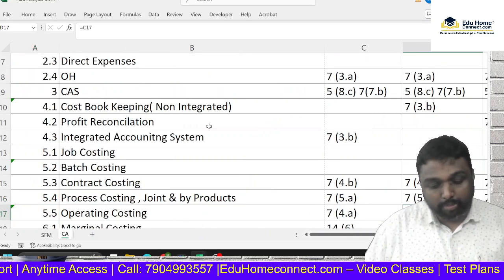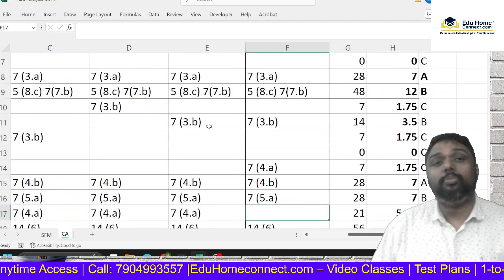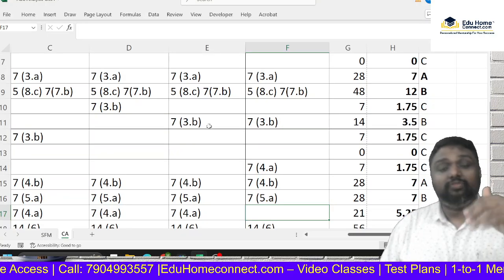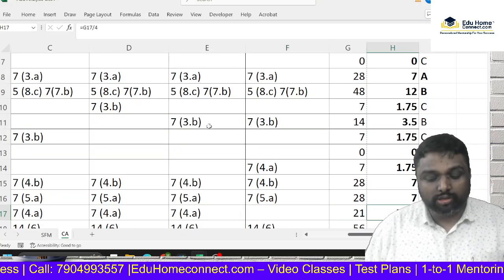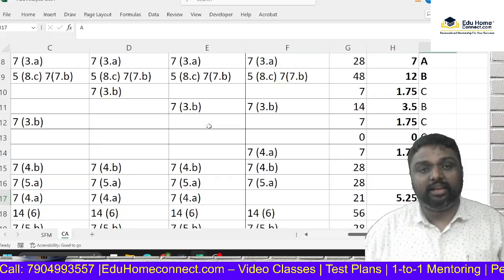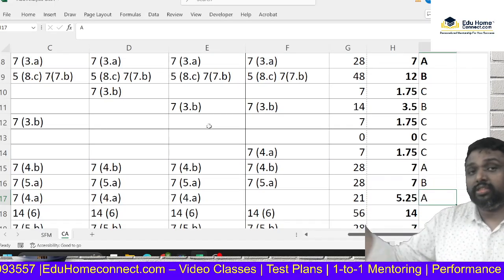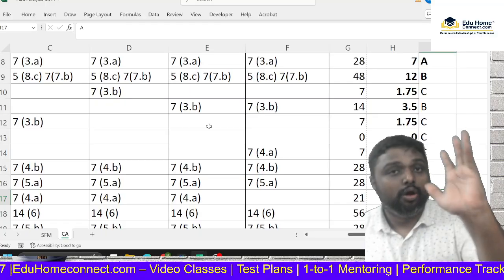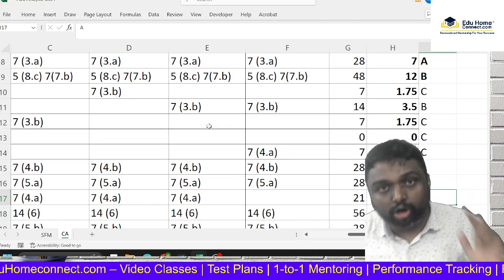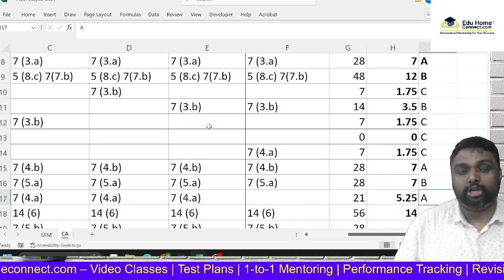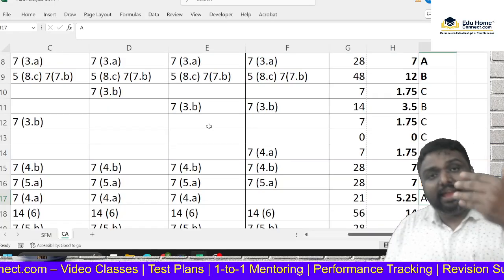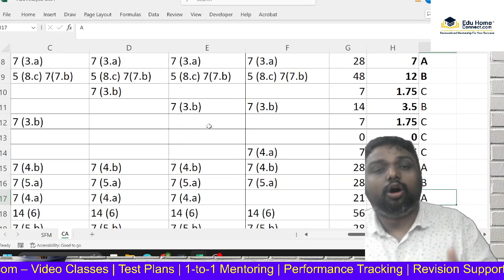Coming to the next topic, operating costing. Though there was no operating costing question in the last attempt, instead they gave a question from batch costing, I still prefer this as A category. Operating cost is relevant, and let me tell you the pattern so far for your exam: one time hospital came, one time hotel came, one time transportation came. So there is a chance of transportation coming again this attempt, or else hotel can come.